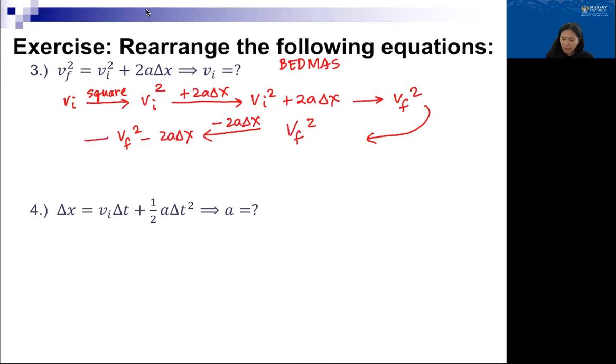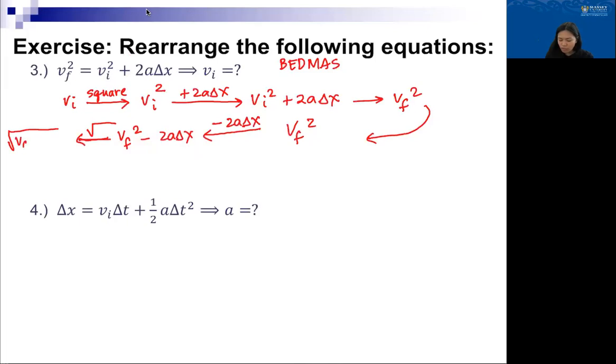Okay, and then undo the square. What's the reverse operation for squaring or exponent of 2? Yeah, square root. So the inverse operation of a square is a square root. So that means you need to take the square root of this VF squared minus 2A delta x.